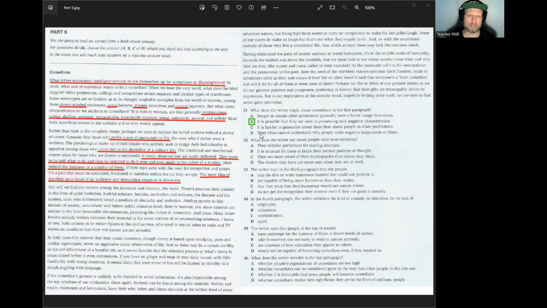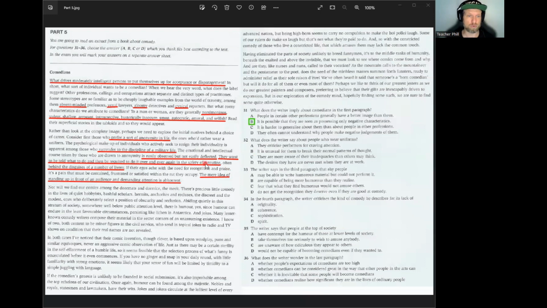So let's have a look at what the options are. They criticize performers for craving attention. I wouldn't say that, no. I think they don't really criticize others. They just can't see themselves looking for attention. It is unusual for them to break their normal patterns of thoughts. That is definitely something.